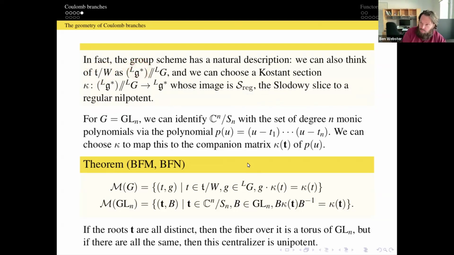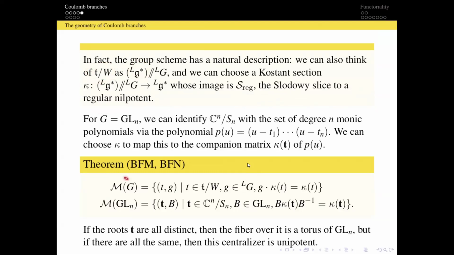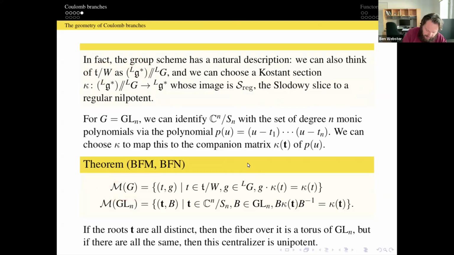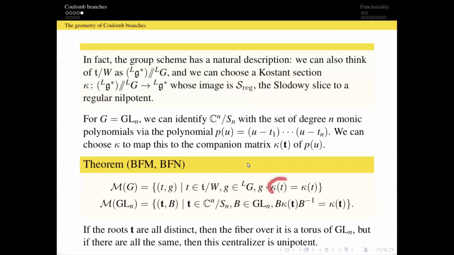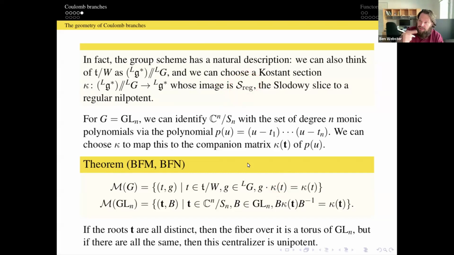I'm taking the Langlands dual group of G. And what describes this M_G for me is I look at the elements of the Slodowy slice, and I look at their stabilizers under the coadjoint action. So this is a sort of universal centralizer. Or I should say, just regular centralizers. Let's see, is that the special word, regular centralizers.